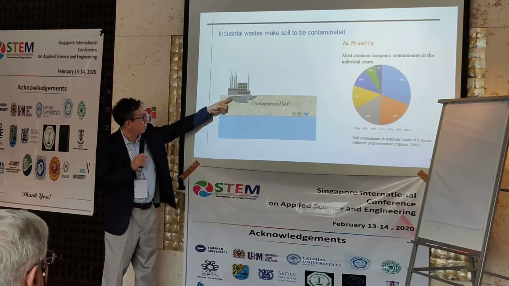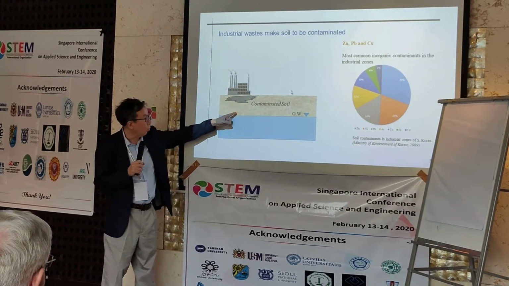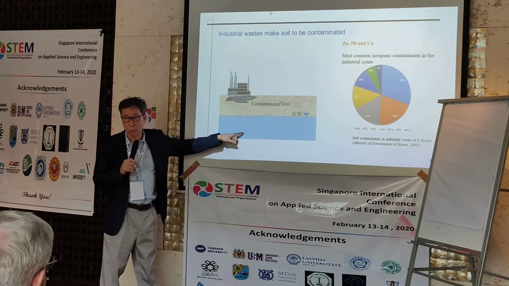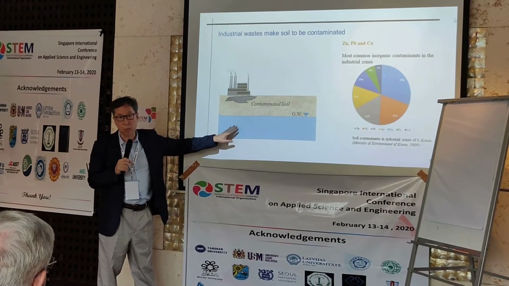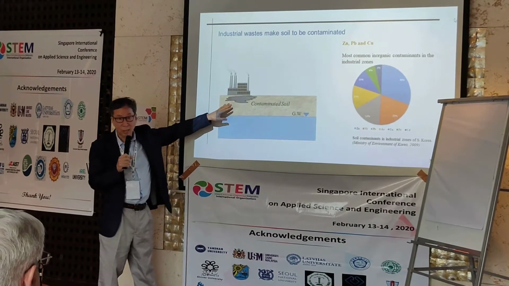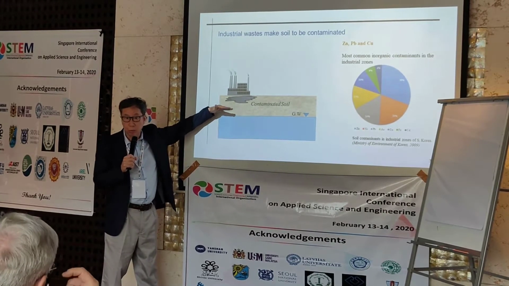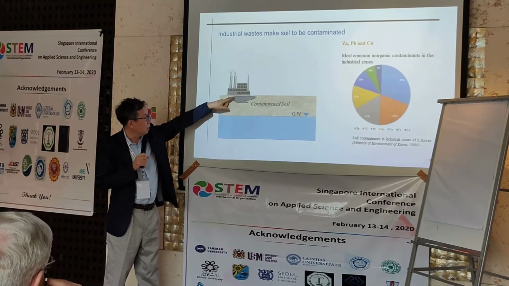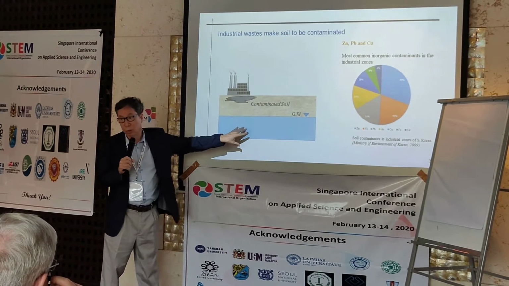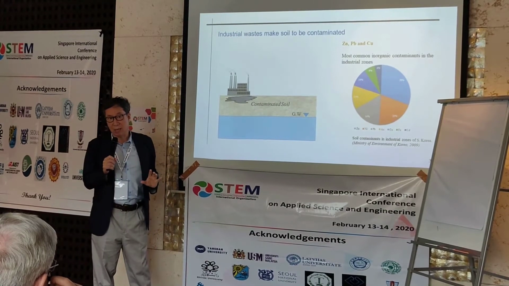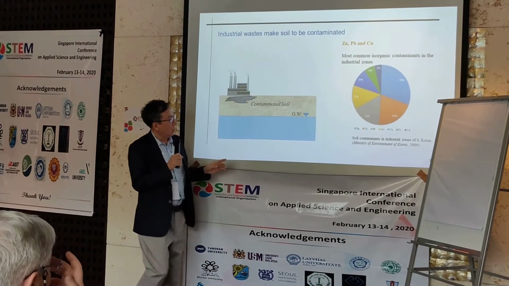Then it can contaminate the soils or even groundwater zones, which can be good resources for drinking water. So we'd like to reduce and prohibit this spread of the contaminants into soil and groundwater. This is the main idea of my research.